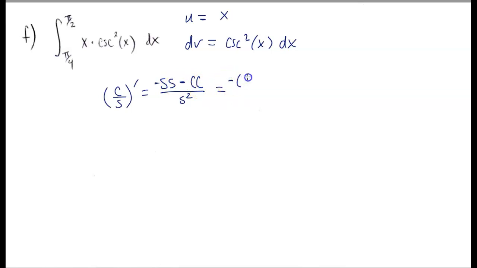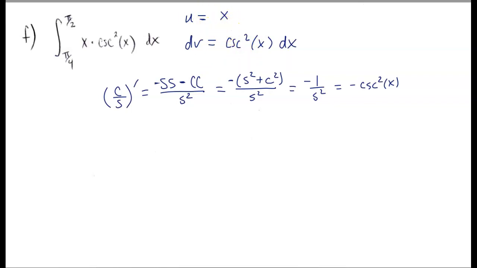So this is minus the quantity sine squared plus cosine squared. And we all know that sine squared plus cosine squared is 1. And thus 1 divided by sine squared is cosecant squared, and of course I've been carrying those negatives. So we know that it's relatively easy for us to take the antiderivative of cosecant squared.